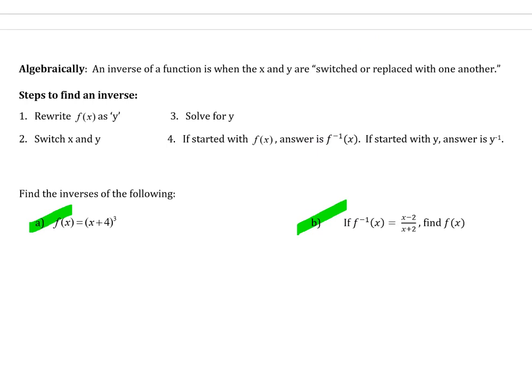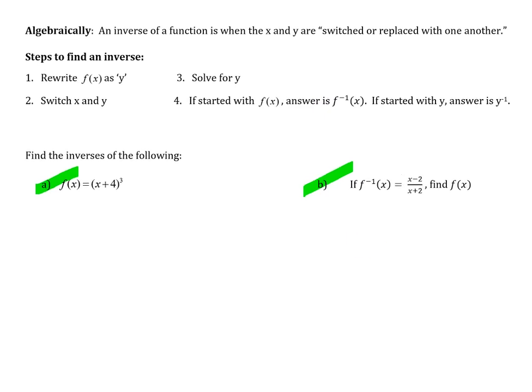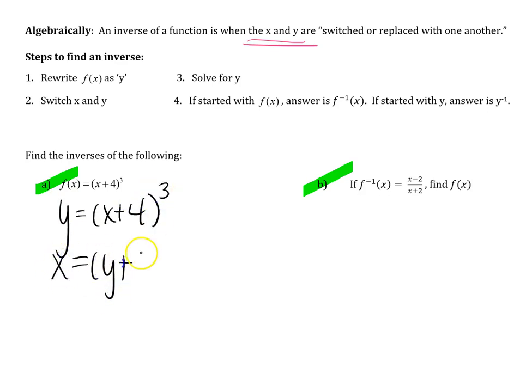Now, algebraically, when you solve for inverses, it's the same logic. You switch x and y, and you solve for y. So for this first one, remember f of x is just a fancy way of saying y. I'm going to switch x and y. And now your objective is to solve for y.